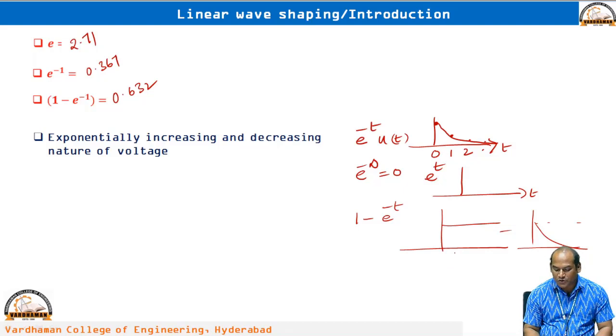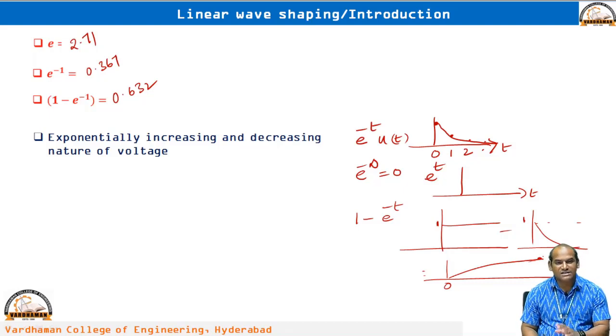At t equal to 0, the 1 value is always 1, and e power minus t also has value 1. If you subtract these two, you will get 0, 1 minus 1 is 0. At t equal to infinity, the value of the signal 1 is 1, and the value of e power minus t is 0. If you subtract the amplitudes, 1 minus 0, you will get 1. And in between, if you draw, you will get an exponentially increasing signal like this.